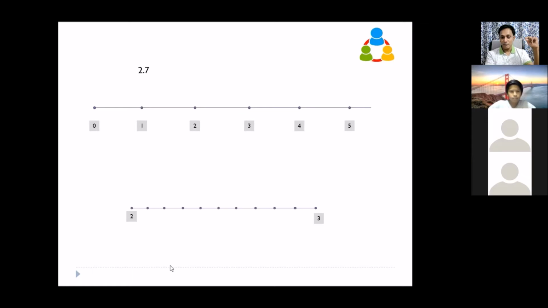So what will be these parts? 2.1, 2.2, 2.3, up to 2.9. You all know this. And 2.7 will fall here.